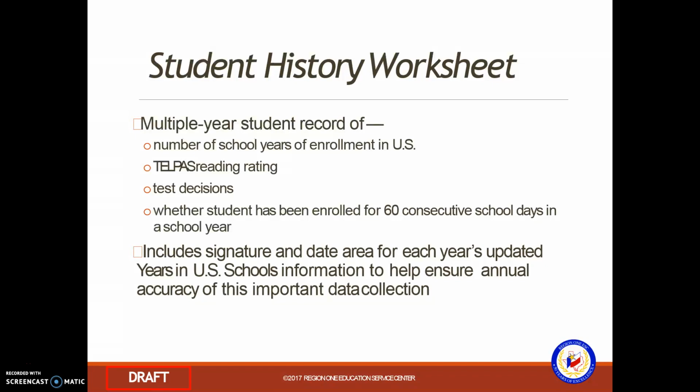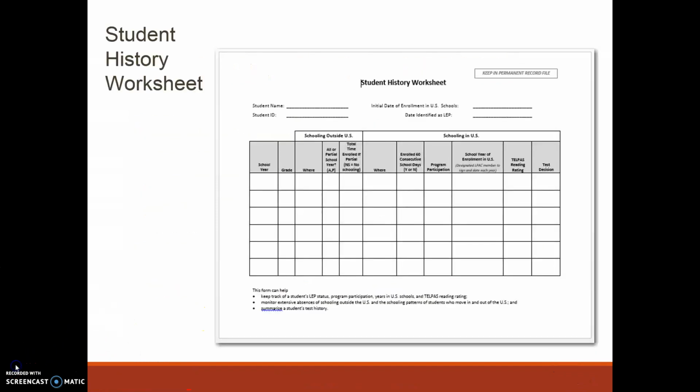Remember to include signature and dates of each year's updated information to help ensure annual accuracy of this important data collection. This is a student history worksheet that must be filled out and filed in the Student Special Programs folder.